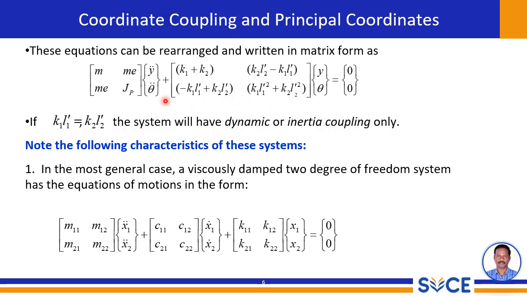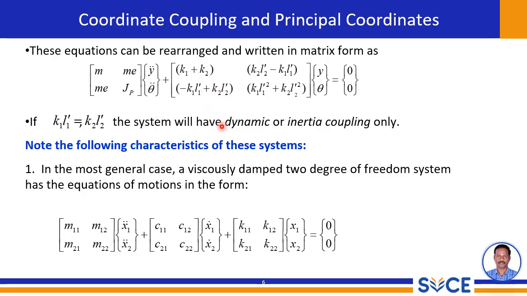The y double dot and theta double dot terms are the linear and rotational accelerations. The next matrix has k1 plus k2, k2 L2 minus k1 L1. Using the equations of motion we can create this, and it is arranged in the form of a matrix.